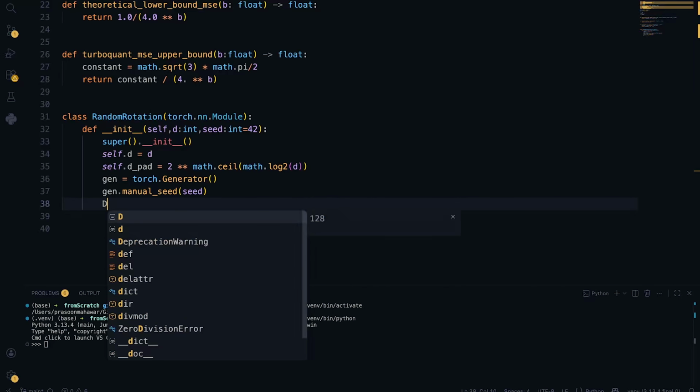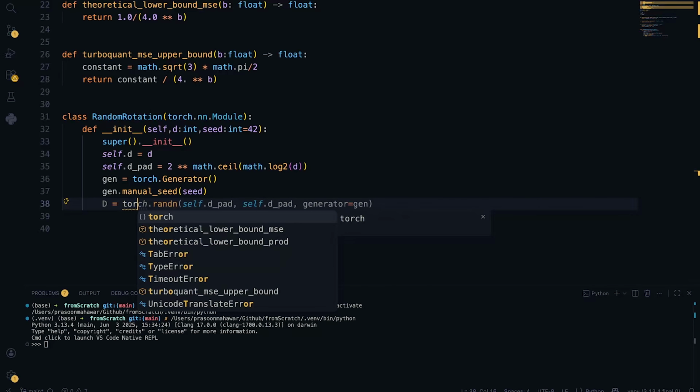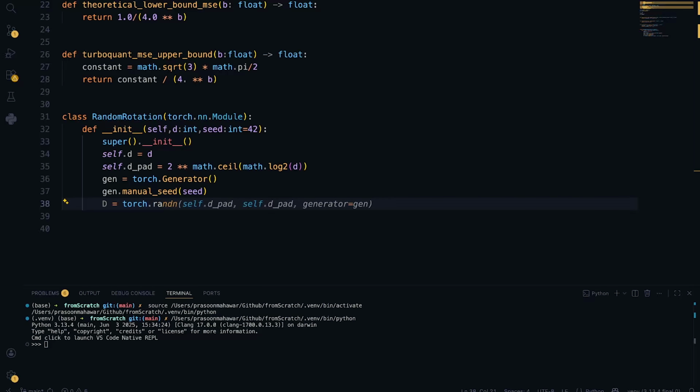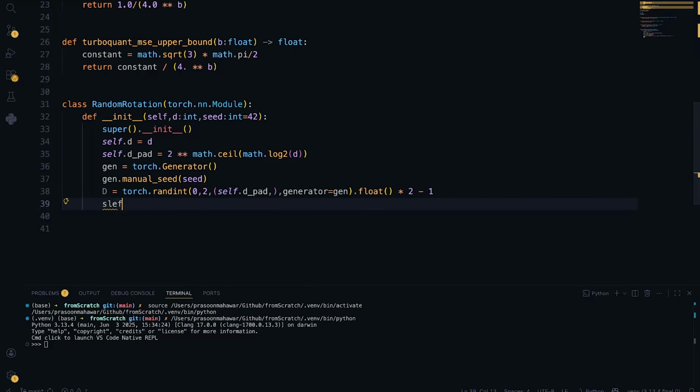And finally d equals torch.randint function, that is 0, 2, self.d_pad, with generator gen, and we will convert it to float, multiply it by 2 and then minus 1, and we will register it.